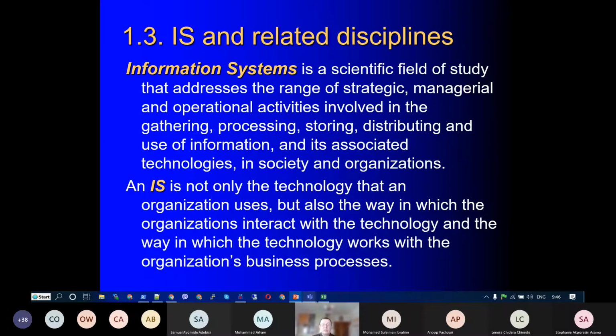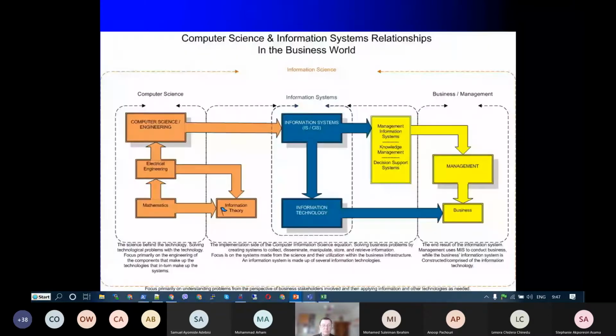As a field of study it addresses a range of strategic, managerial, and operational activities involved in gathering, processing, storing, distributing, and using information, and shared technologies in society and organizations. It is the way in which any organization interacts with technologies and the way in which technology works with organizational business processes.